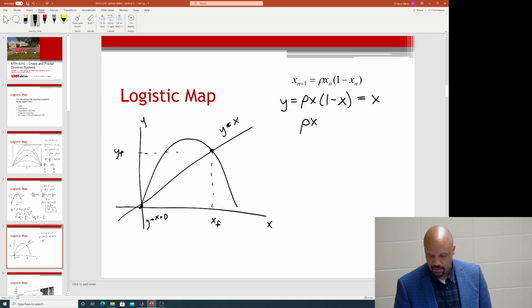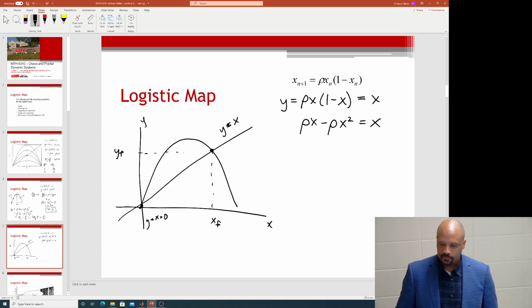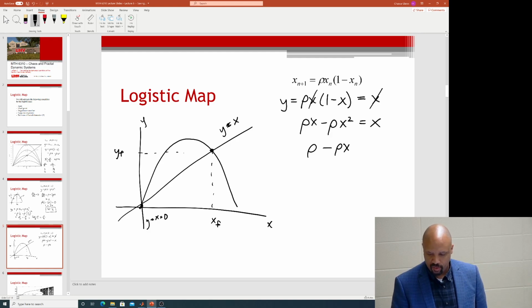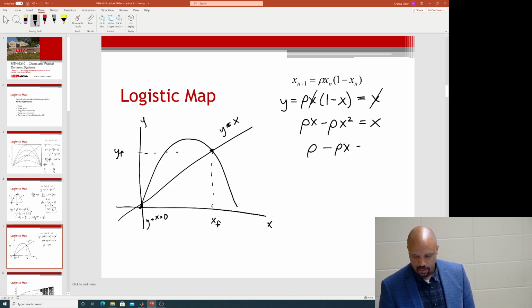So we'll say rho x minus rho x squared equals x. Okay. Now, I shouldn't have done what I just did, because I could have just canceled the x's out. So if I go back up here and cancel the x, you should have rho minus rho x, doing that multiplication, equals 1.